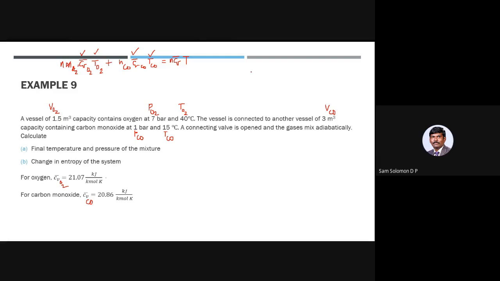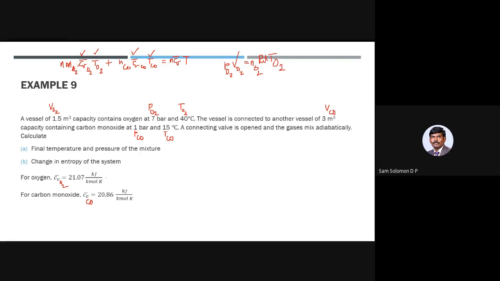Is it possible to find that out? So P of oxygen into V of oxygen, using the ideal gas equation of state, equal to n of oxygen into Ru into T of oxygen.